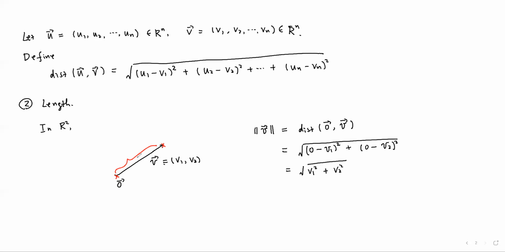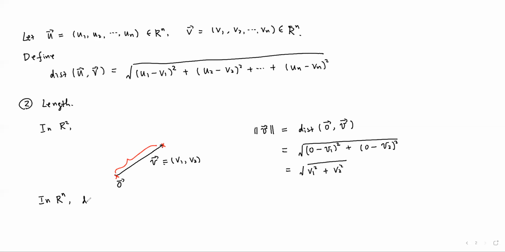Now, let me expand this concept of length from R2 to Rn. In Rn, because we cannot see a vector in Rn, we have to define, specify a number, give a number to the vector in Rn as the length.